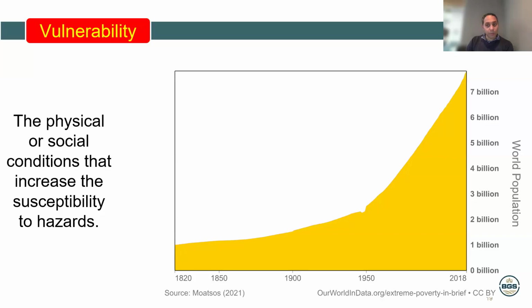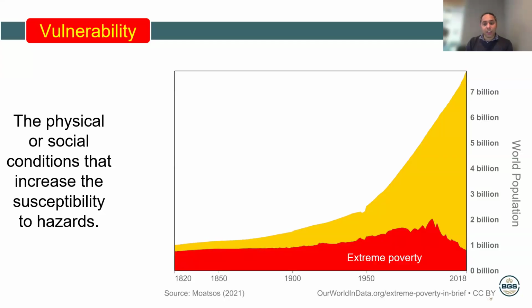It's clearly the population growth in the last 200 years or so. In 1820, there was 1 billion people, and now it's just over 8 billion people in the world. And this growth is not a surprise to anyone, I hope. This red zone is the number of people who have lived in extreme poverty. And this is a well-defined measure.